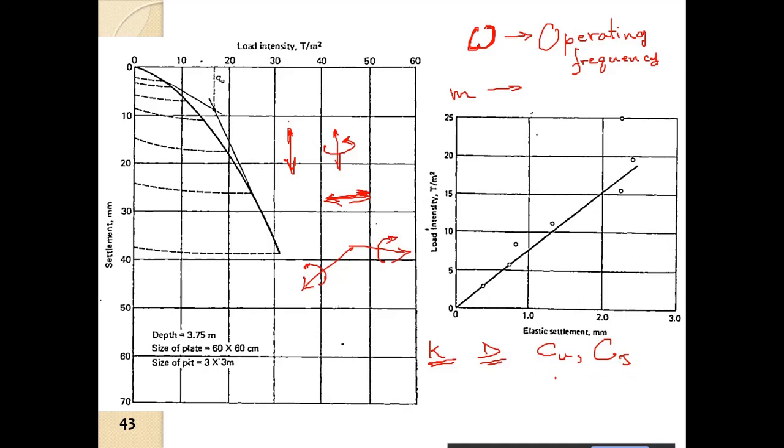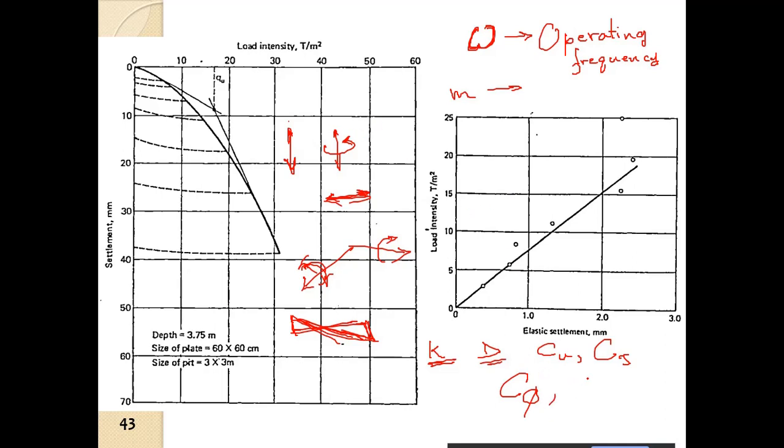Then we have the coefficient for non-uniform compression, C phi. So when there is rocking and pitching, we observe that there will be non-uniform compression. All right, so that is C phi, and obviously we also need to find out C psi.